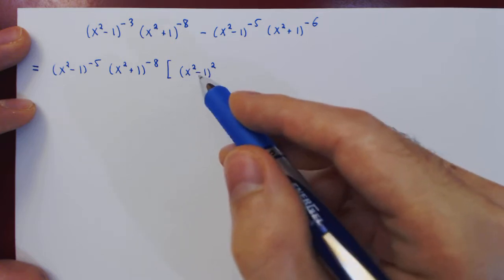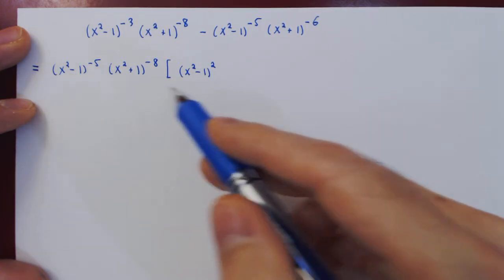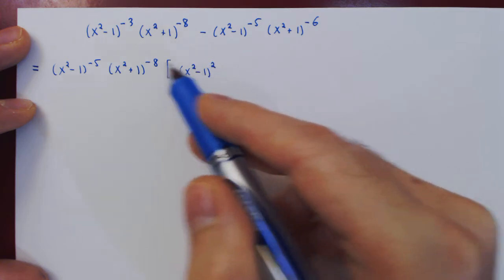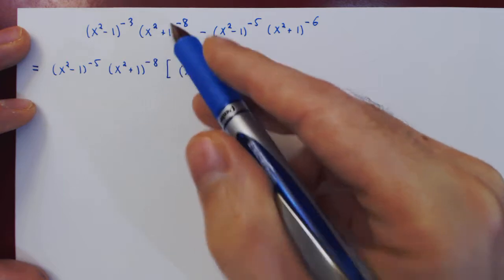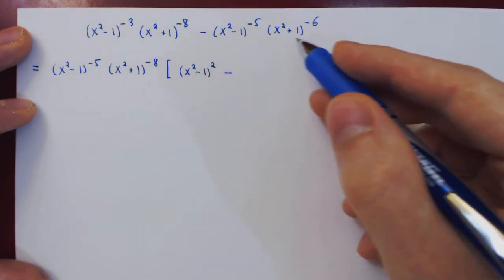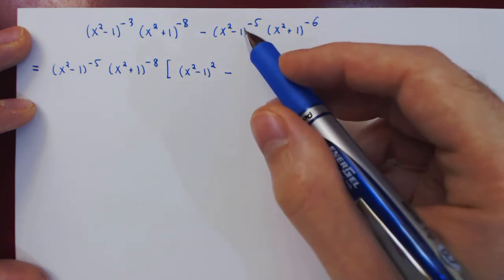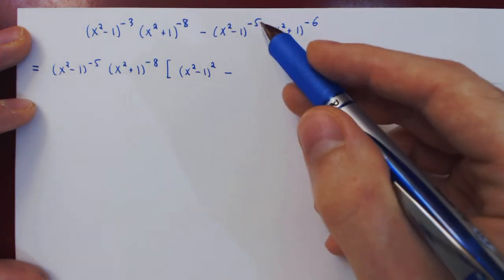And if you're not sure about this, in your head, multiply this back in. So this times this, we add the exponents, 2, negative 5, negative 3, and then, of course, times the second term. Then minus what's left of our second term here. Well, we factored all of this term out, then this term is gone.